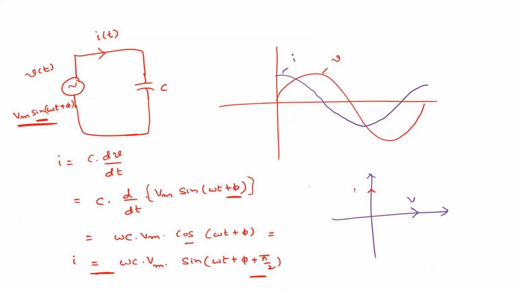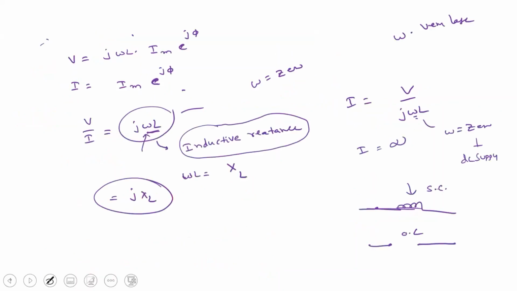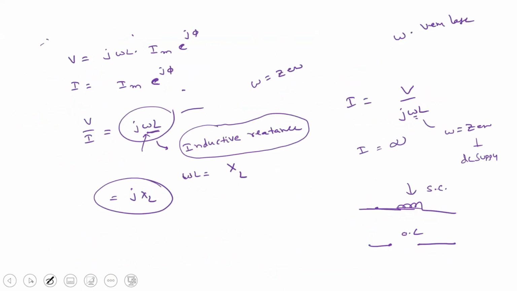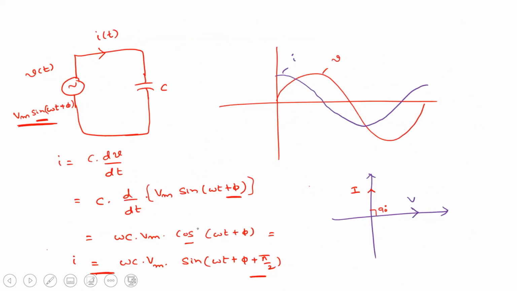So this is I, and this angle is 90 degrees. This is voltage V and this is I. This is how we represent it, for phi equal to 0.